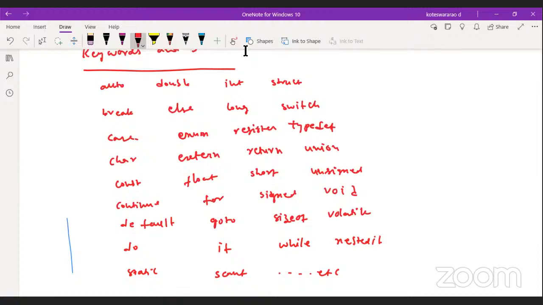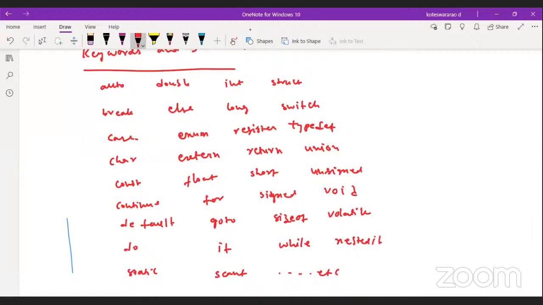Next, identifiers are the names given to variables, functions, and arrays, and consist of letters and digits, except that the first character must be a letter. Both upper and lowercase letters are permitted. The underscore character is also a valid character in identifiers.